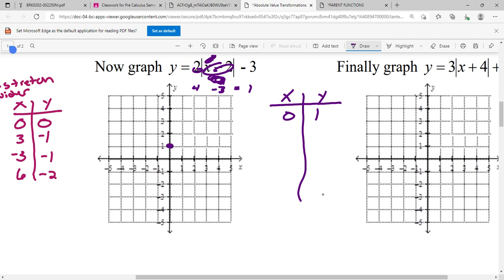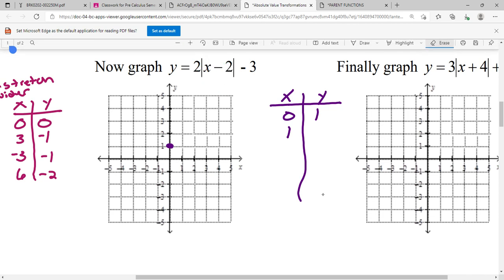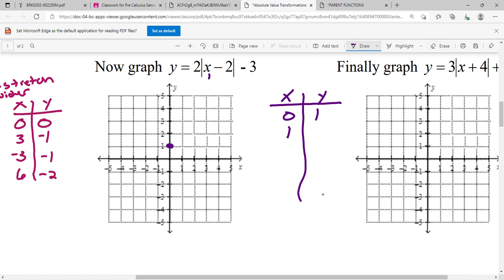All right, let's try 1. Okay, so if x is 1, 1 minus 2 would be negative 1. Absolute value of negative 1 is just 1. 1 times 2 is 2. 2 minus 3 is negative 1. So when x is 1, y is negative 1.